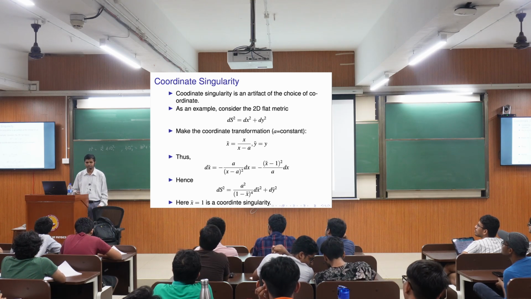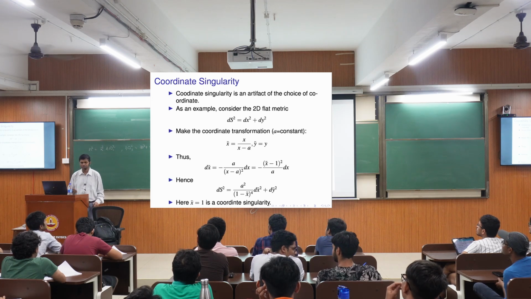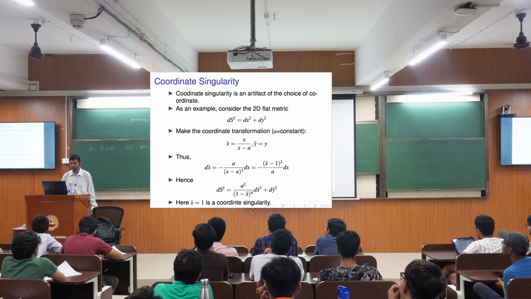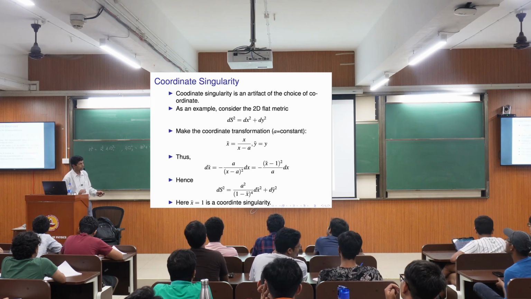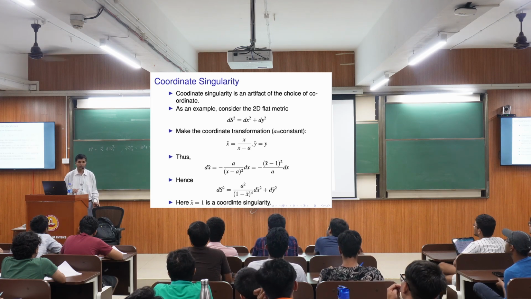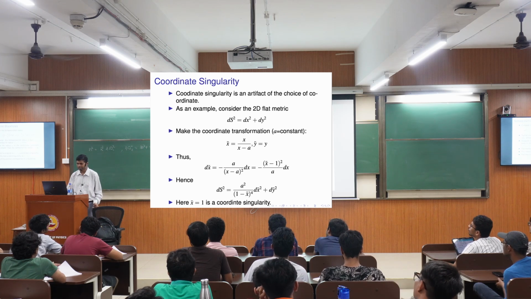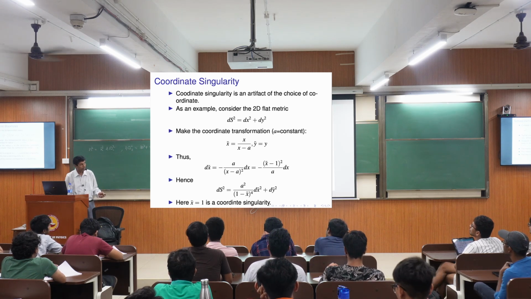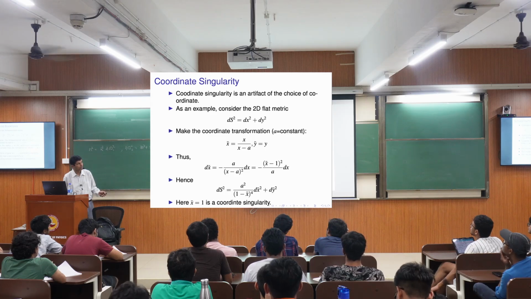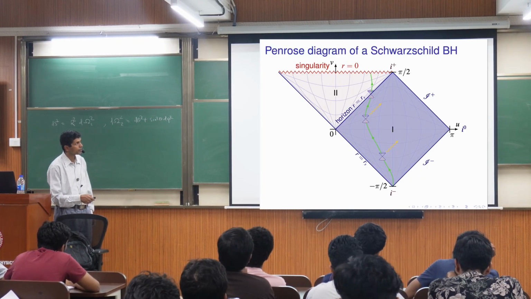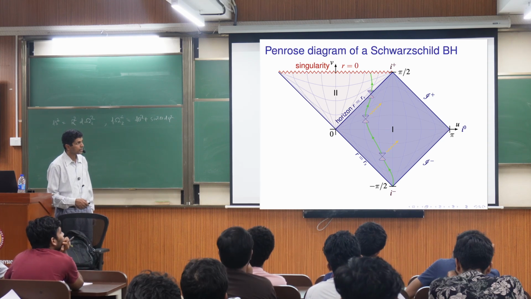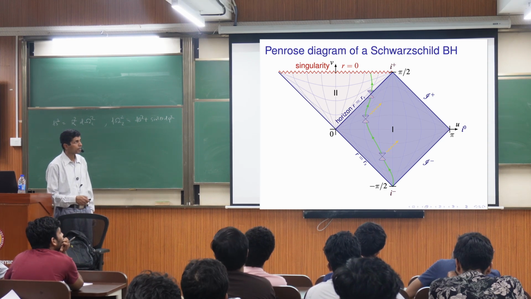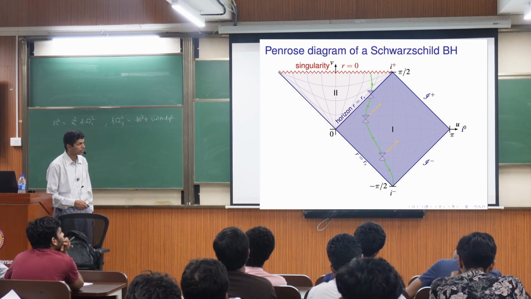It's just a point here, nothing funny happens, it's just the bad choice of your coordinate system. In that sense, this singularity is also a coordinate singularity. It basically says that the RT coordinate goes from I minus all the way to I plus. So these are basically space-like surfaces. On the other hand, these are time-like surfaces.